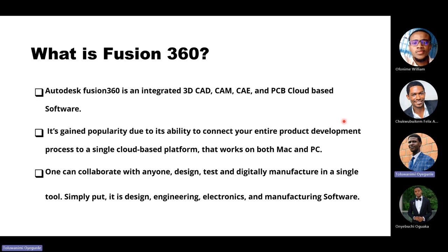CAE is computer aided engineering, and PCB means printed circuit board. And all of that is integrated in the software of Fusion 360. What makes Fusion 360 really interesting and unique is the fact that it's a cloud-based software, meaning that you can work from anywhere in the world.